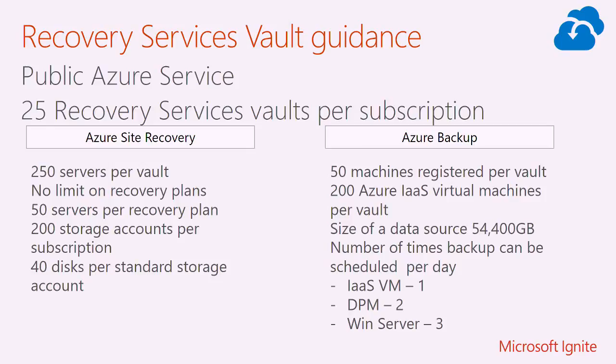If you need more, create more subscriptions. Then we look at it from two areas, the Site Recovery area and the Azure Backup area. From the Site Recovery perspective, we can protect up to 250 servers per vault. If you have any more, then create additional vaults.